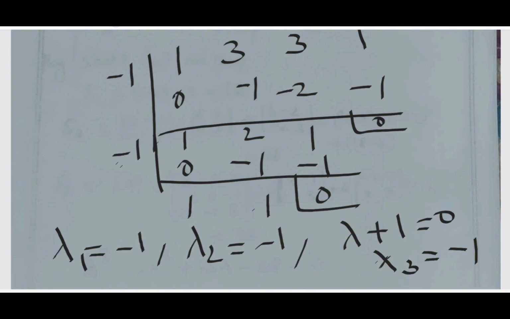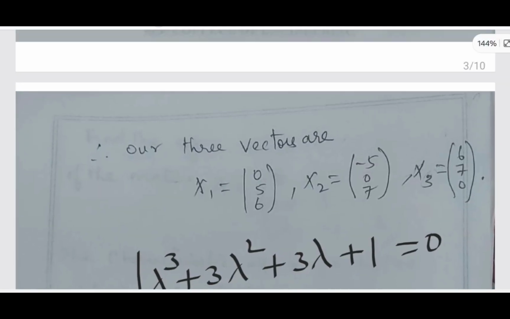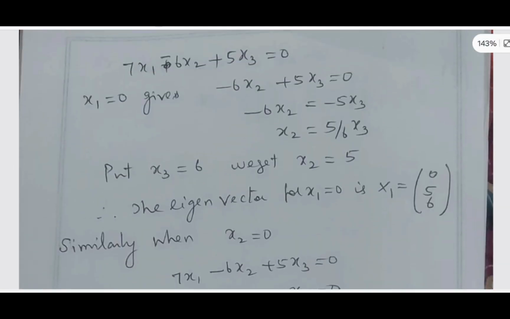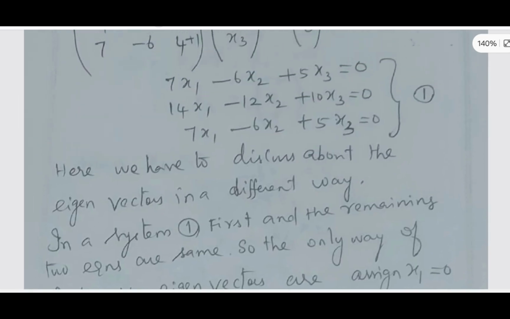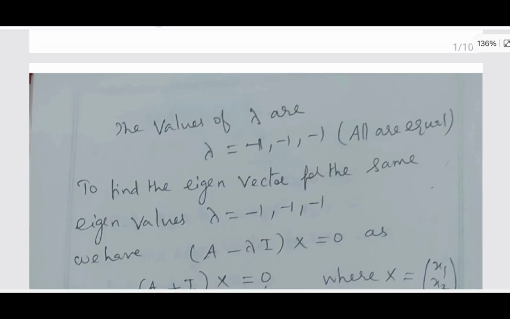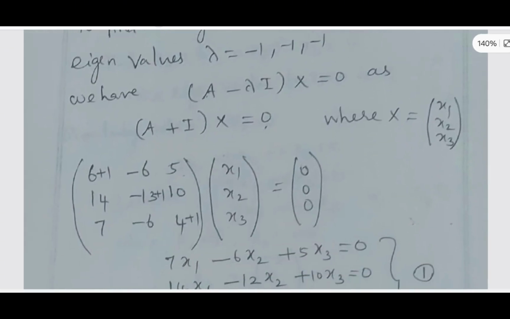Let me go to the first one now. I have shown you how to find the eigenvalues. Here we are going to start with the eigenvector. All three eigenvalues are the same, so your calculation of A minus lambda into X matrix will be the same, and all three equations will be the same.